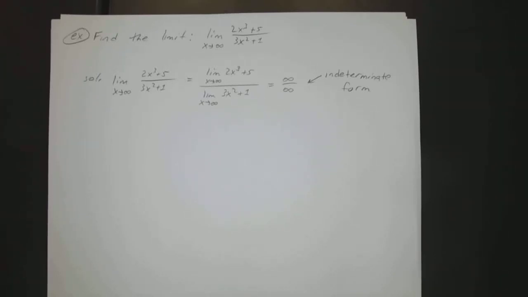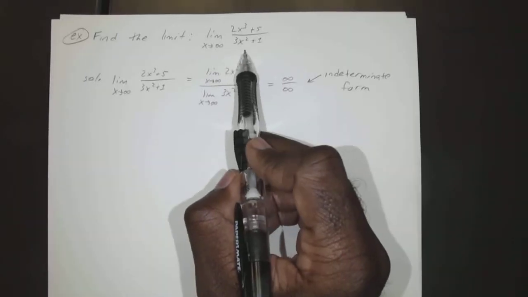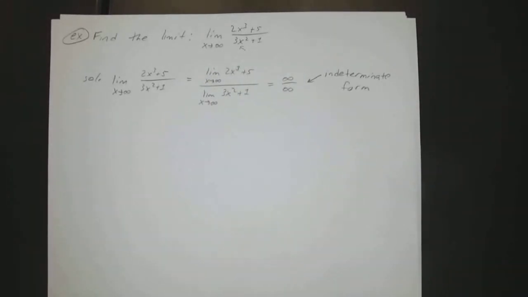Okay. So once you hit that indeterminate form, you have to manipulate the function a little bit. So whenever you have a fraction that comes out to be indeterminate, the quickest thing to do would be to divide it by the highest exponent in the denominator.